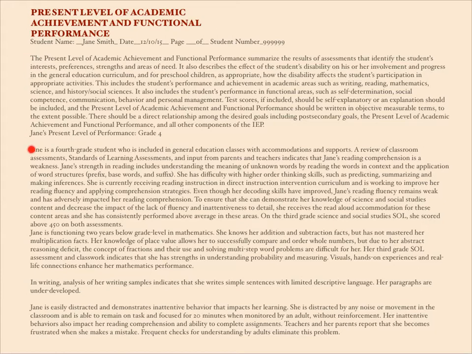But this is a great indicator, and take some time to read this, because this is indeed Jane's PLOP. It's what Jane is, a fourth grader who is included in the general ed classroom with accommodations and support. So a review of the assessment, standards of learning, and input from parents. This is basically how these PLOPs are written, but I wanted to include this. Clearly not going to go over a lot of this.